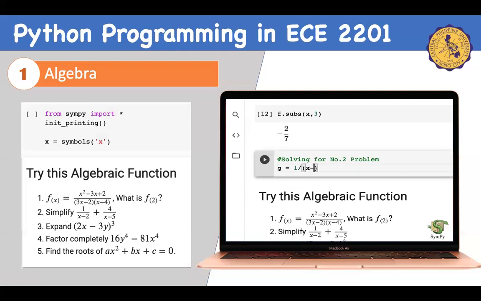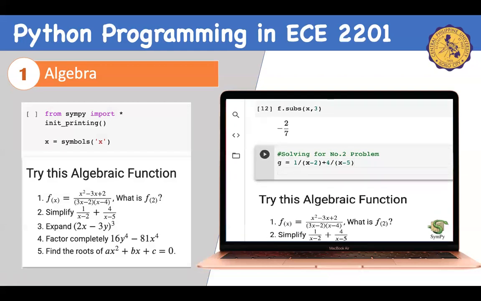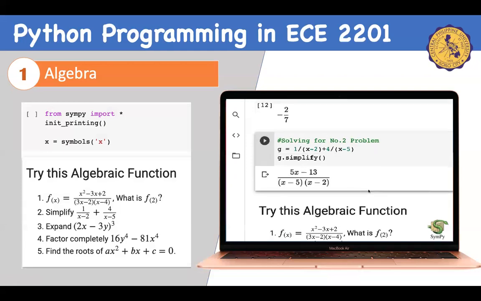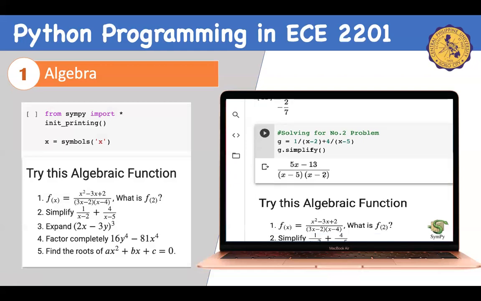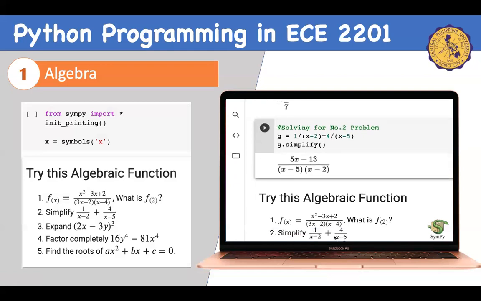So g is equal to 1 over x minus 2, we set up the fraction, plus 4 over x minus 5. Let's try to display it by typing g. Then g.simplify. Now it will give you the simplified version of the fraction.